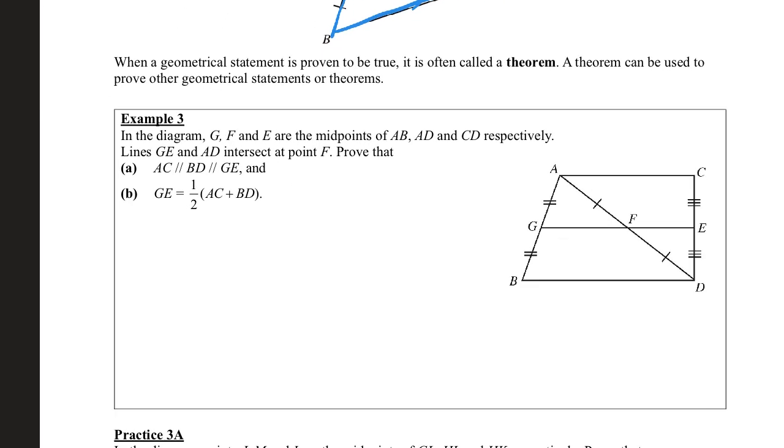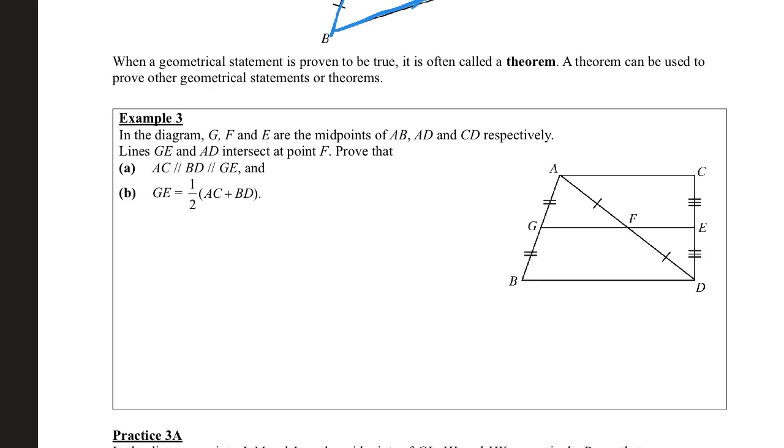Okay, so let's work through one example, example 3. So how do I prove that these three lengths are parallel? So let's look at the first triangle, ABD. This one, ABD. I know G is the midpoint of AB. F is the midpoint of AD.